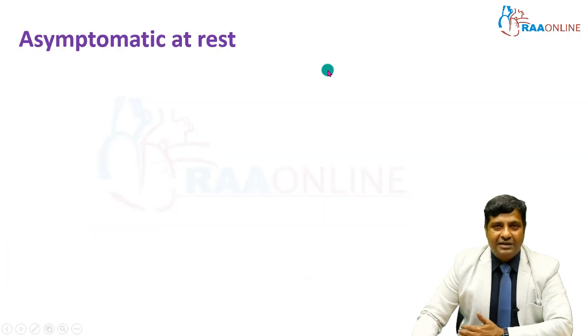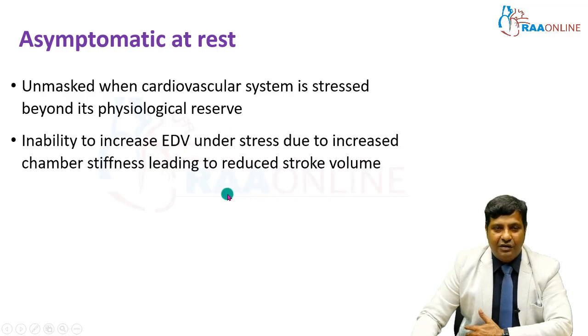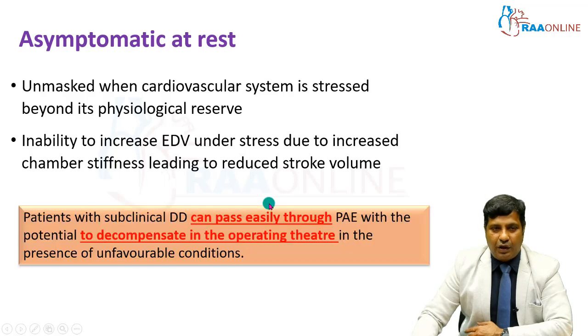Okay. Having said that, this is very important: these diastolic dysfunction patients are always asymptomatic at rest. Only when their cardiovascular system is stressed does it get unmasked, because they do not have adequate physiological reserve. They cannot increase their end diastolic volume under stress because the chamber is already stiff, which leads to reduced stroke volume.